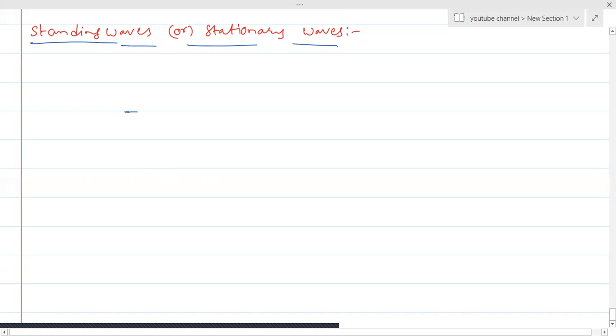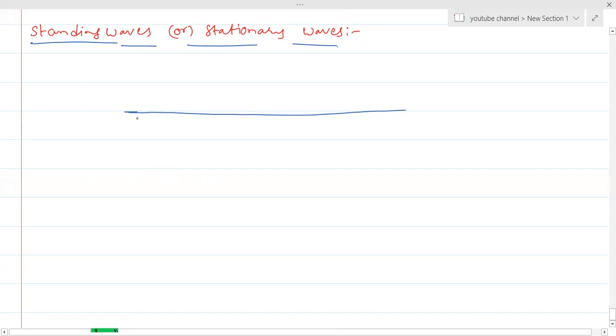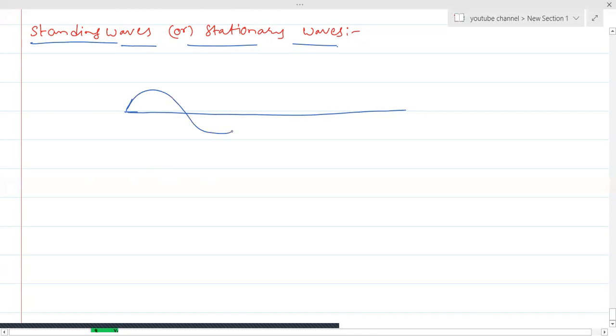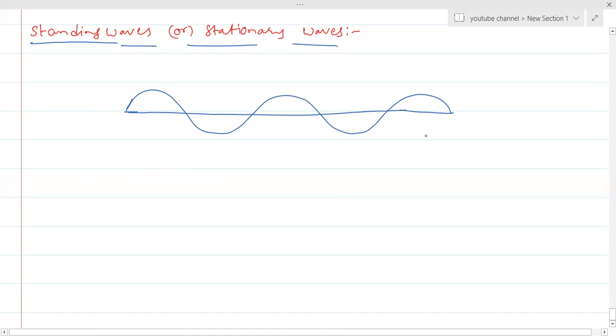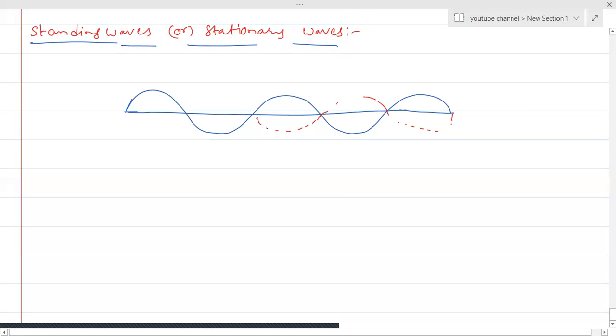So that means if a wave is progressing like this, and if it is reflected from a rigid boundary, automatically we are going to have the reflected wave.